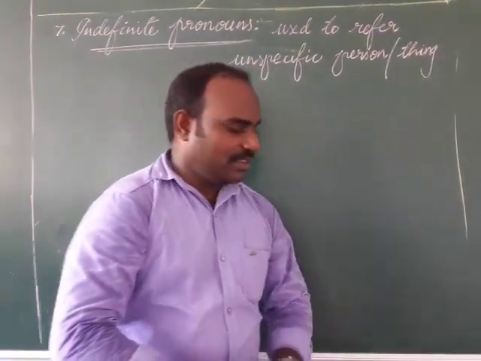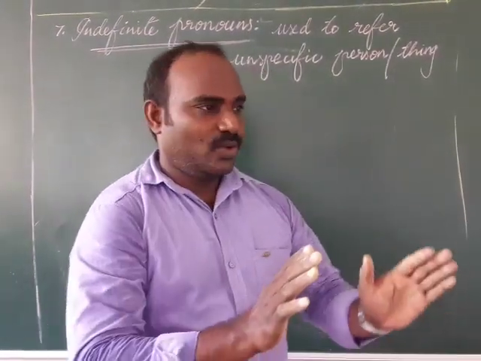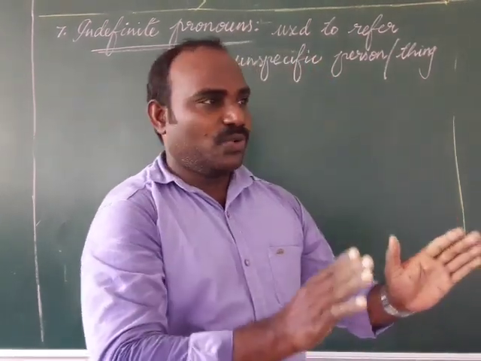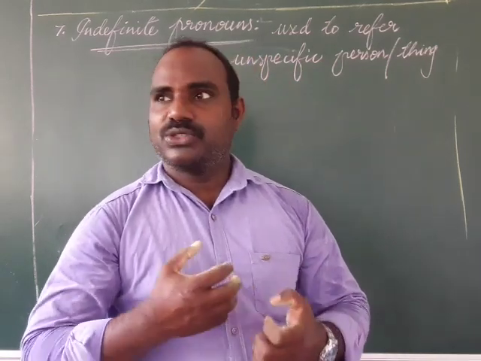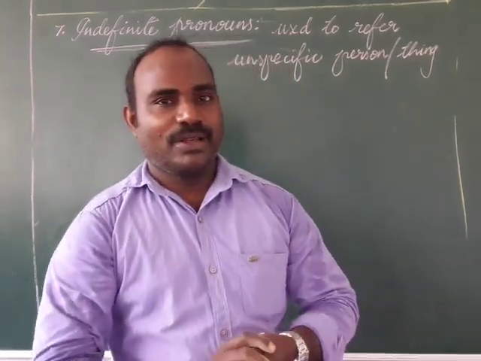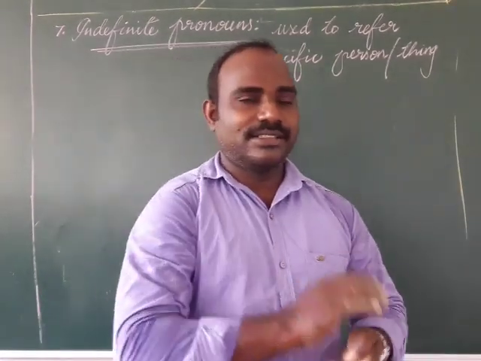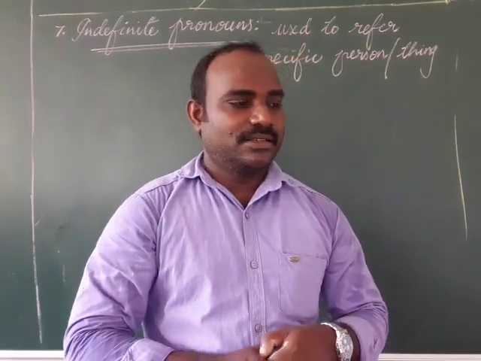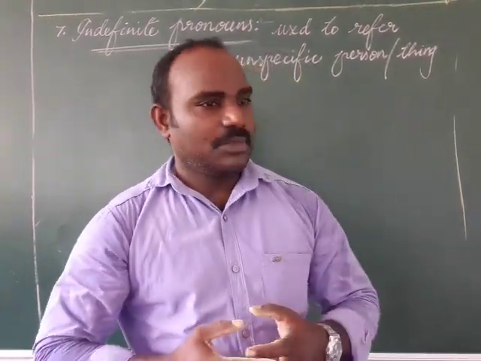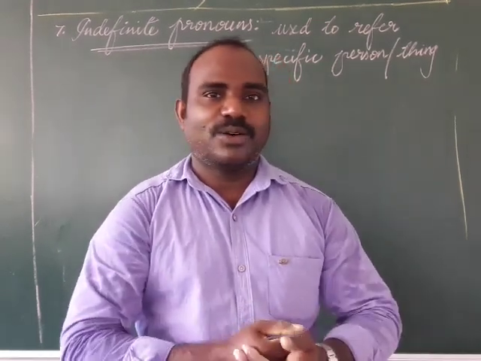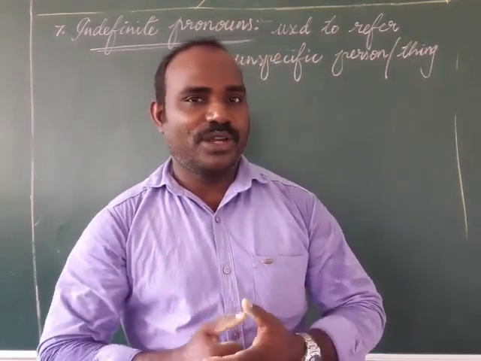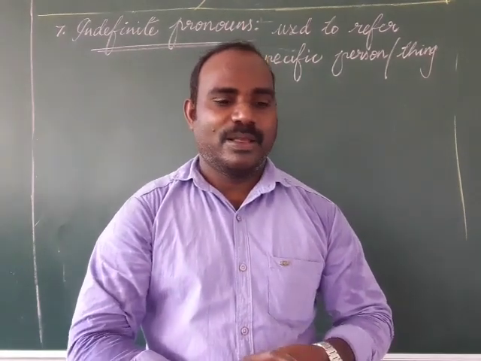Okay, that means these pronouns cannot define what exactly something is or who exactly someone is. For example, someone stole my pen. Can we define who someone is exactly? And somebody has eaten all my biscuits. Can we define who somebody exactly is?